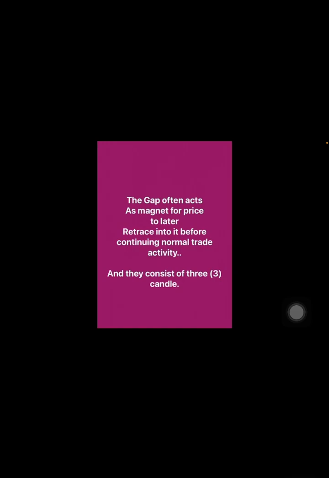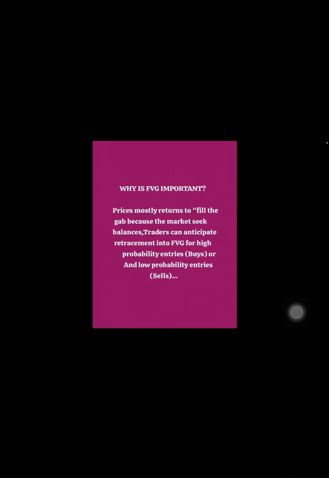What are they trying to let us know? That FVG consists of 3 candles, and the gap often acts as magnet for price to later retrace into it to continue a normal trading activity.